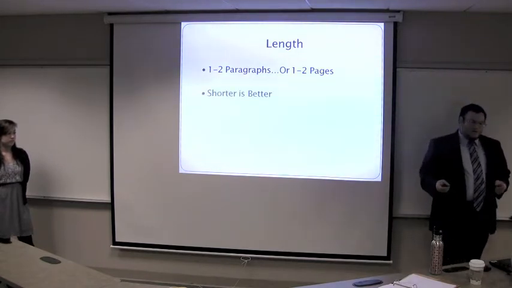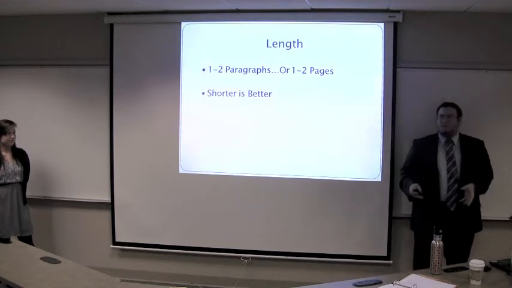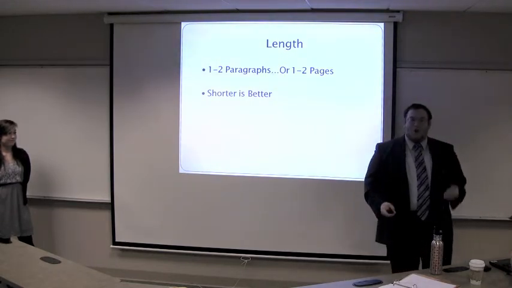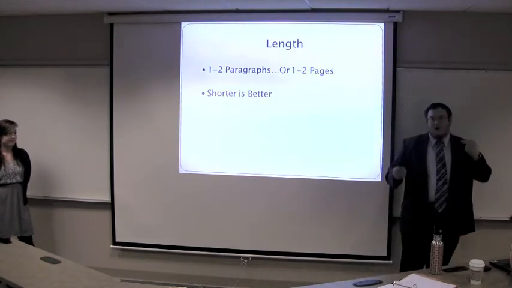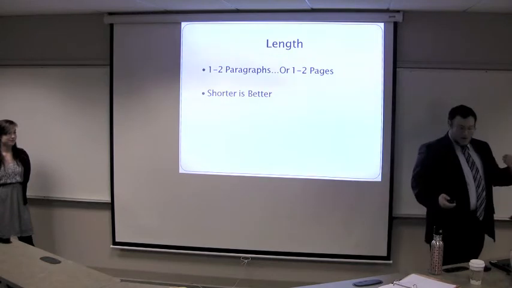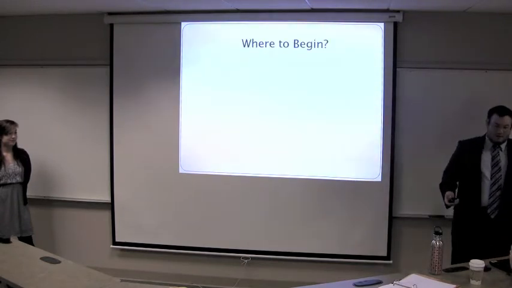And then generally shorter is better. That's the rule of thumb, because the people that you're going to be handing these executive summaries to are very busy. Their time is worth a lot more than yours is, and they have to be able to get the main points and get them quickly.